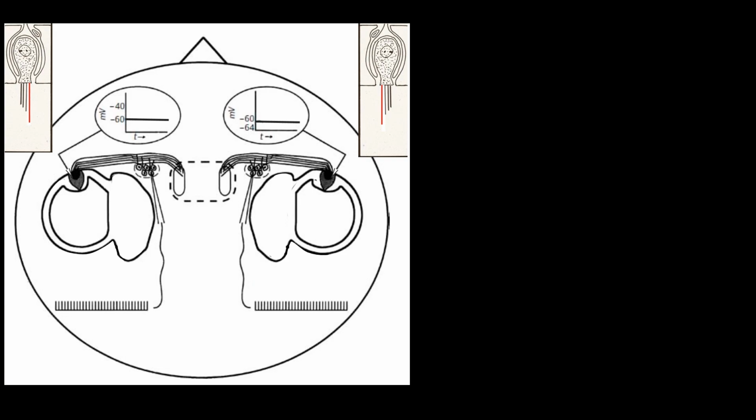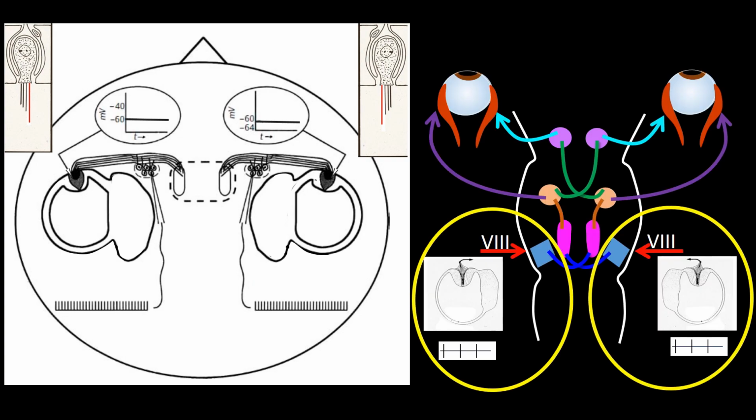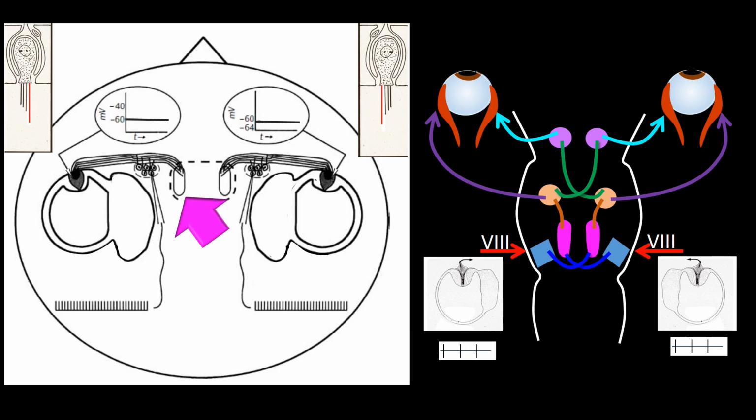I will now introduce a cartoon showing the CNS vestibular pathway and extraocular muscle relevance to answer this question. And here it is. The elements inside the circles have already been represented in the original drawing. The pill-like structures in the initial figure are the vestibular nucleus corresponding to this structure.